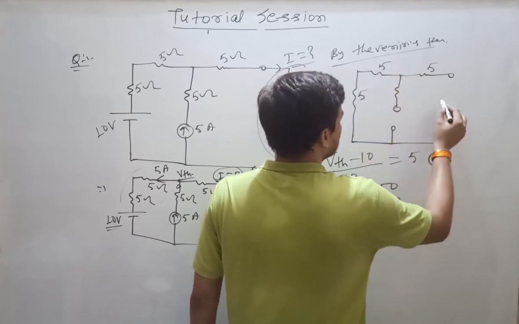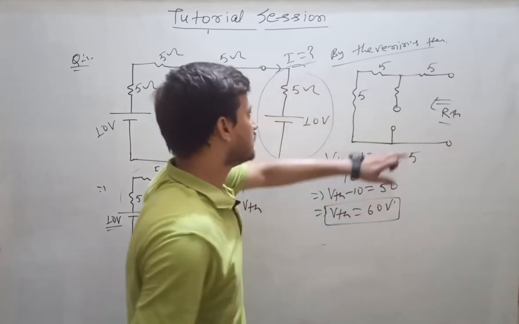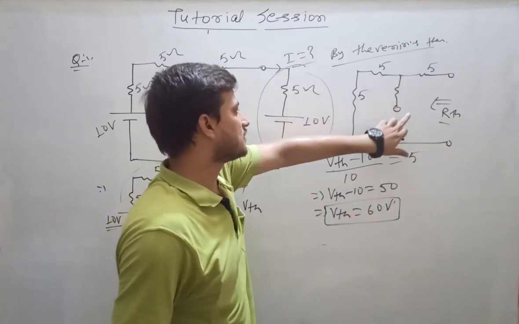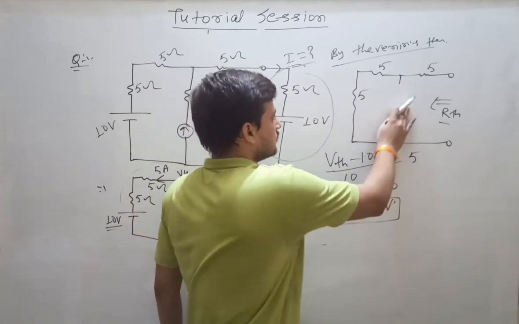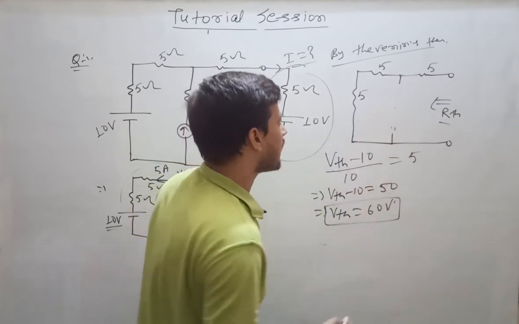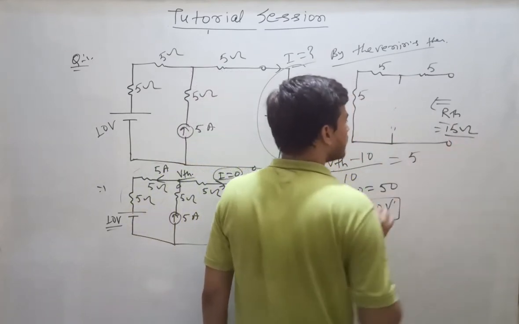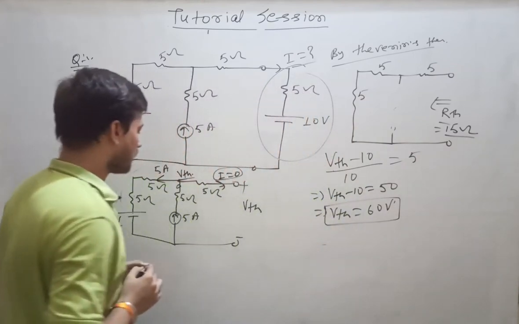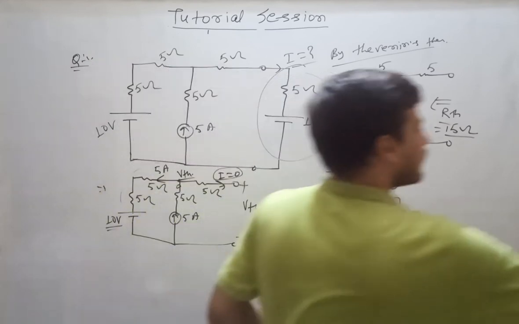This will be RTH. Now what you see? Since this is an open circuited branch, this branch has no role in this circuit. Remove this branch. So you see a total of 3 resistors are connected in parallel. So RTH is equal to 15 ohm. Clear?